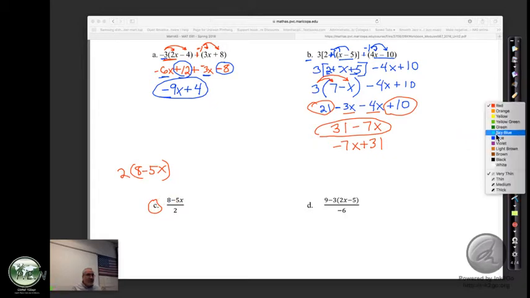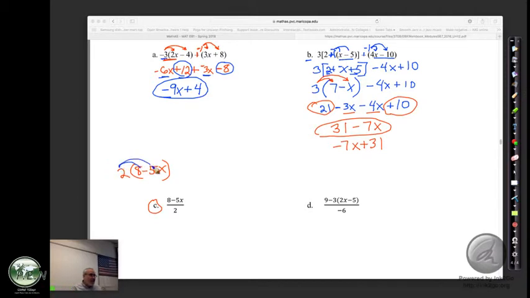Distribute it. Perfect. Which means I take 2 times 8 and 2 times negative 5x. No problem there, right?